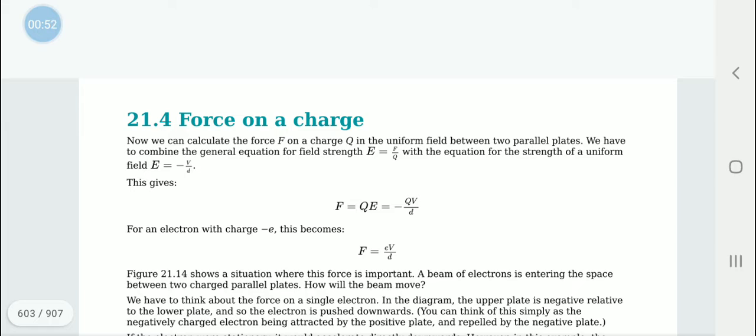Then if there is an electron with charge e, then Q becomes negative e, and it becomes positive eV upon D, right?